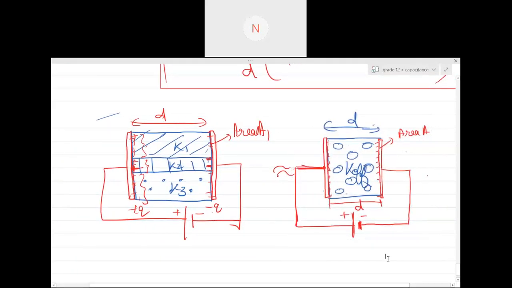What exactly do you want? I don't want a composite slab. I want a single slab of single area. Please remember area A will be basically A1 plus A2 plus A3. So what will be the C effective in this? C effective is epsilon naught K effective A by D.